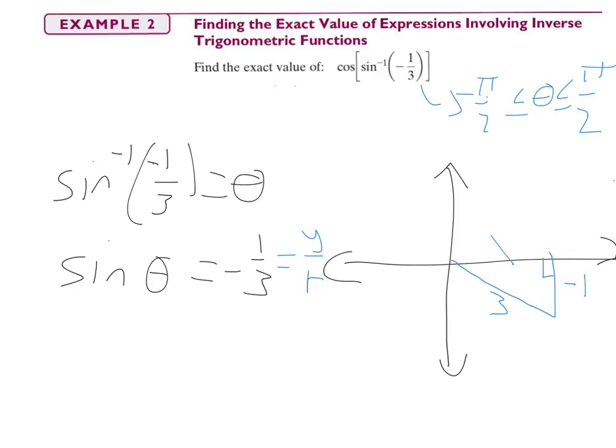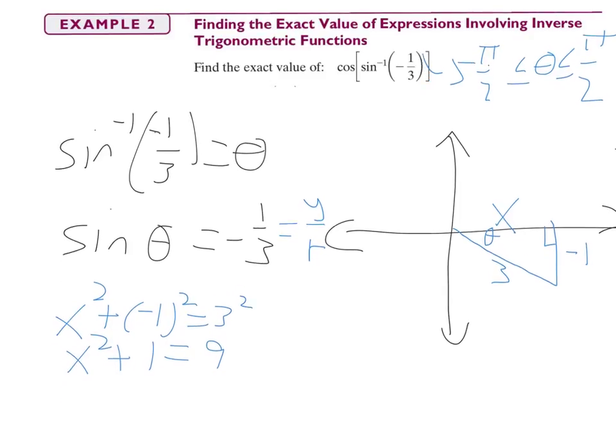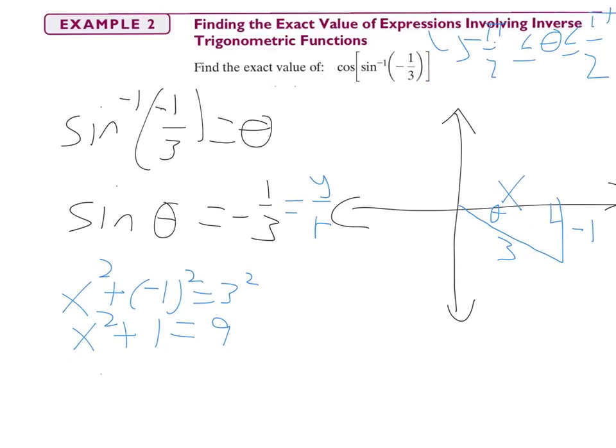So we need to figure out the x-coordinate so we can take the cosine. If we do the Pythagorean theorem, we have x squared plus negative 1 squared equals 3 squared. So x squared plus 1 is equal to 9, which means x squared is equal to 8.